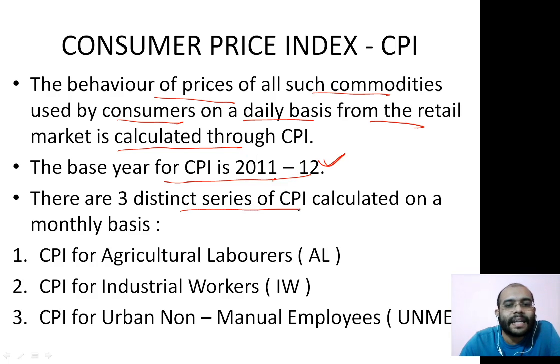There are three distinct series of CPI calculated on a monthly basis: CPI for agricultural laborers, CPI for industrial workers, and CPI for urban non-manual employees, UNME. These are the three platforms under which CPI is calculated.